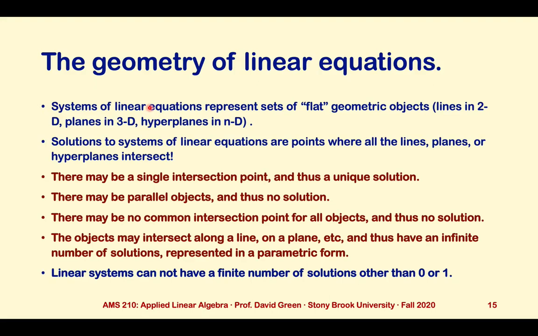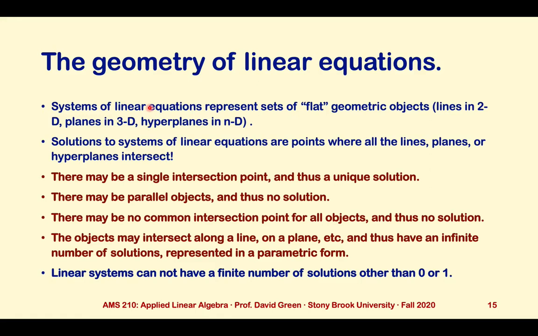Systems of linear equations represent sets or groups of so-called flat geometric objects: lines in 2 dimensions, planes in 3 dimensions, and the extensions of these to hyperplanes in more than 3 dimensions, which are hard to visualize but share this flat property. The solutions to systems of equations are points where all of the lines or the planes or the hyperplanes in the system intersect, all of them. That's the key point.